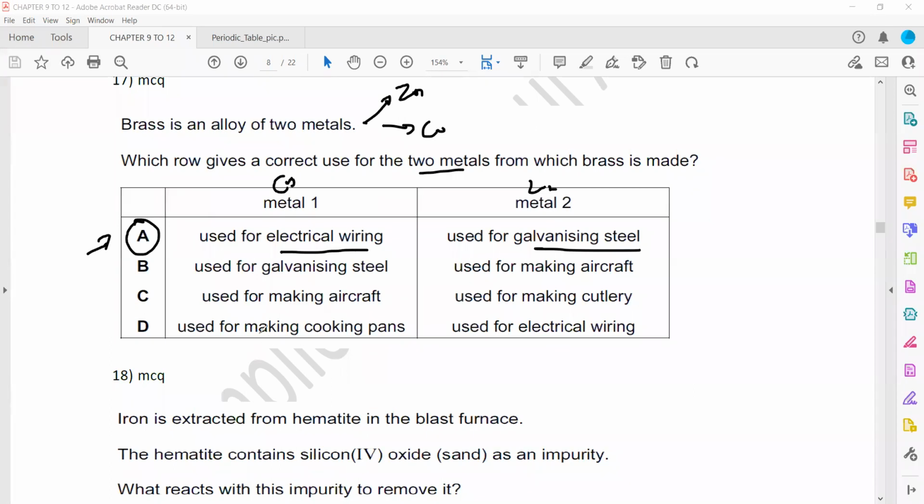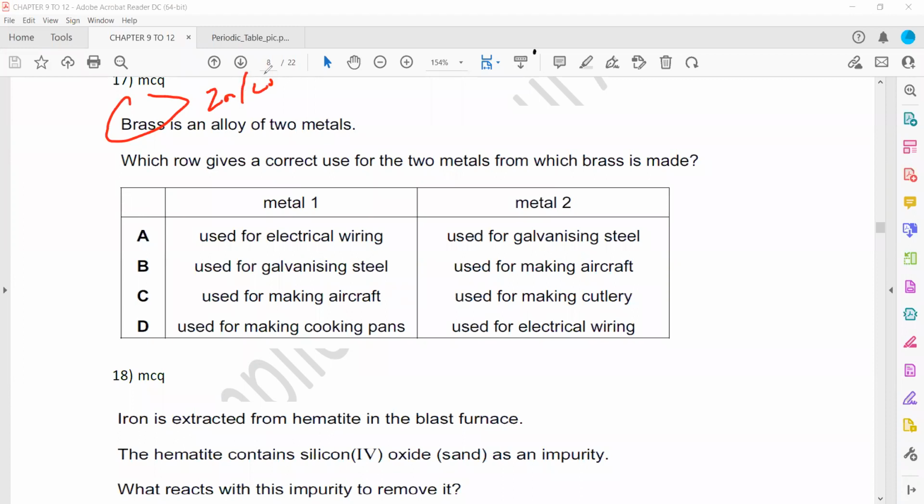See, when you check the uses, this is because we want brass, which is an alloy of zinc and copper. So we want to check what uses are mentioned here for which element. Used for electrical wiring, we use copper. Used for galvanizing, we use zinc. Used for making aircraft bodies, aluminium.